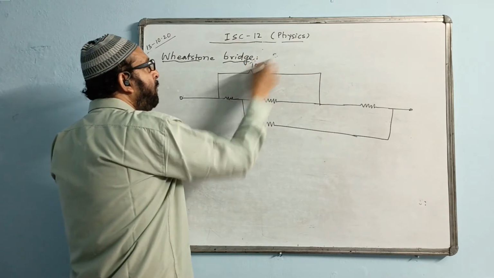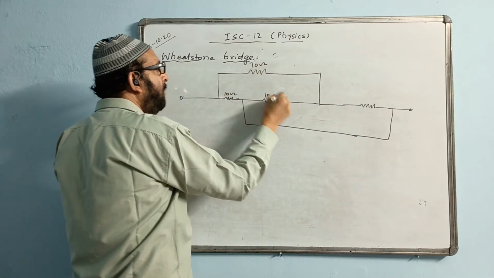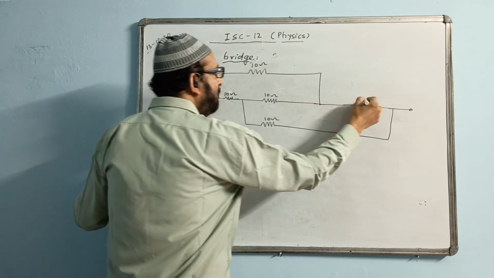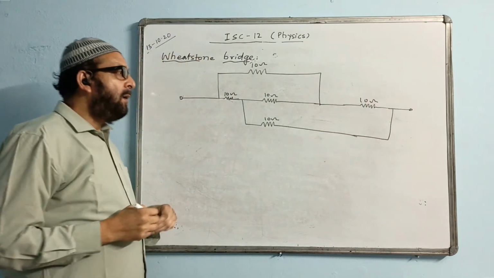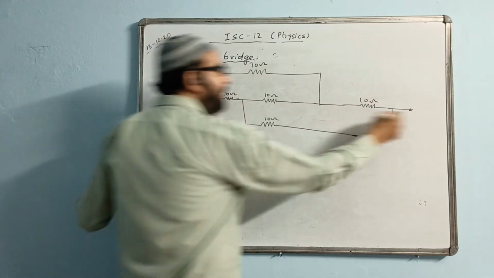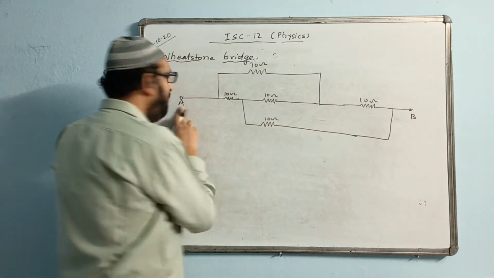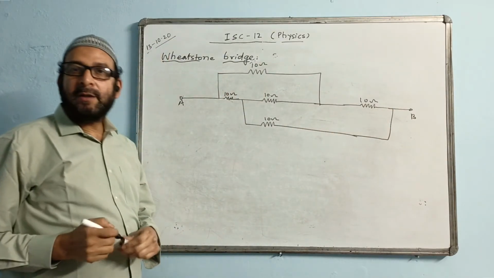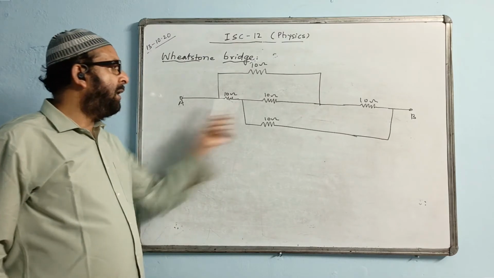Suppose it is given 10 ohm, it's also 10 ohm, 10 ohm, 10 ohm, it's also 10 ohm, like this. And they are asking, find the total resistance of the circuit between the points A and B.